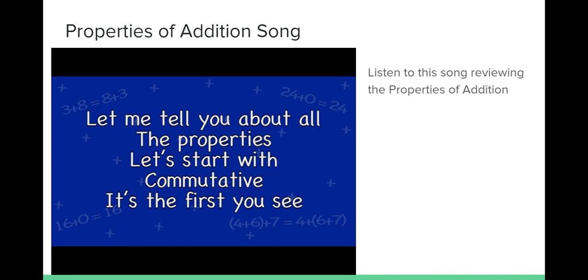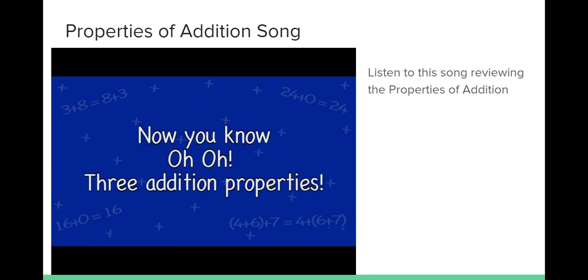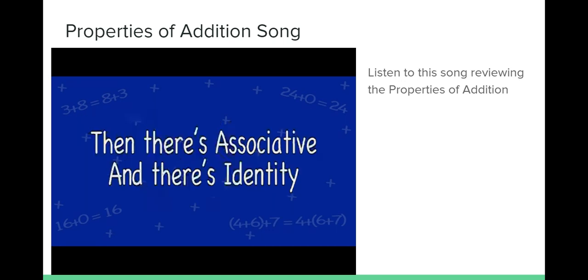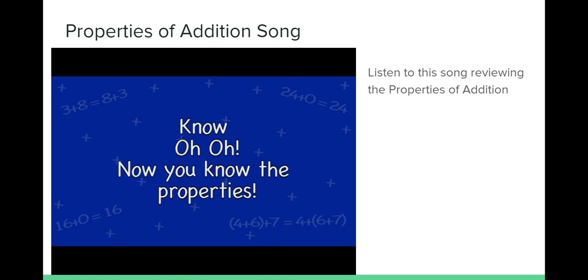It's the first you see. Then there's associative and there's identity. Now you know, three addition properties.